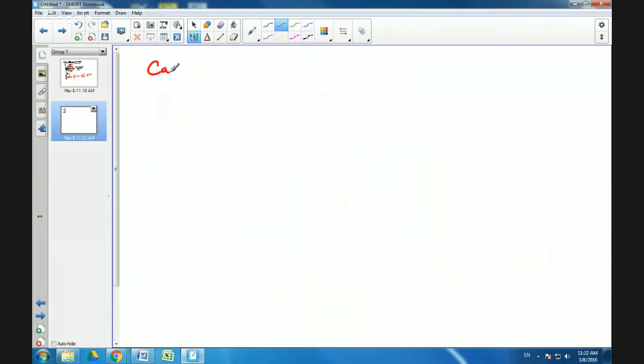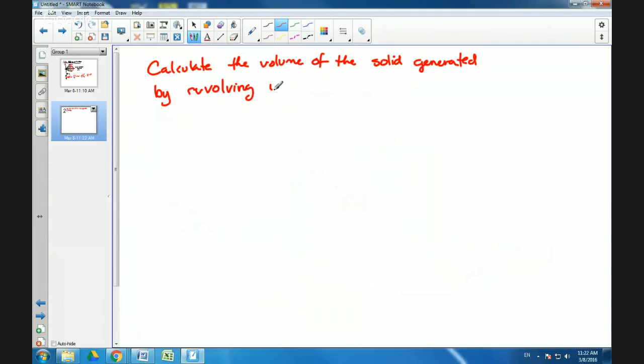How about calculate the volume of the solid generated by revolving y equals x squared around the x-axis, from 0 to 2.